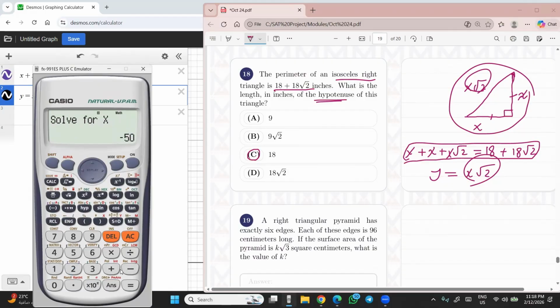Shift calc equals. But this answer is not what we are looking for. We are not looking for x. We are looking for the hypotenuse, which is x times square root 2. So we can write square root 2 times the answer, which is the number that disappeared now. And you can get the answer by clicking equal, and you get 18 as your answer.